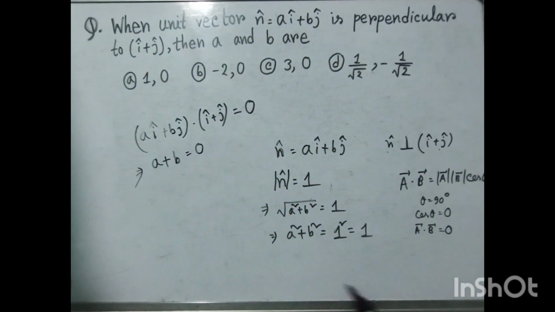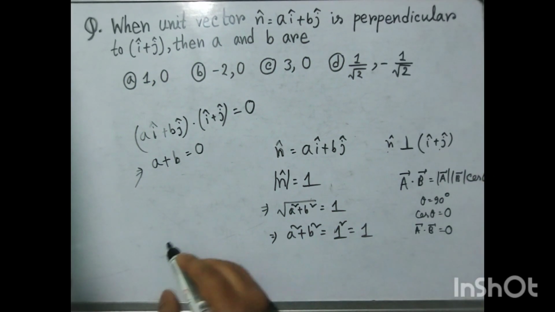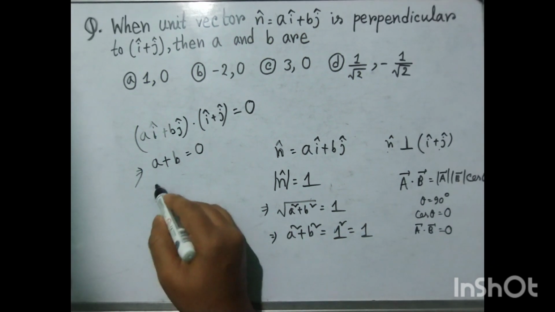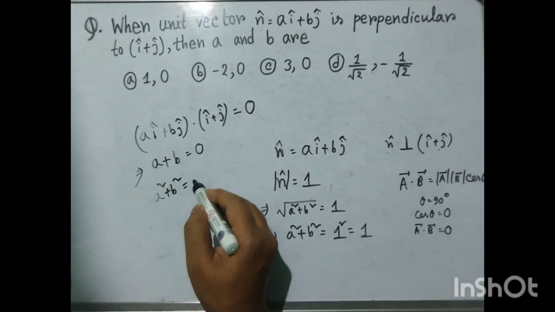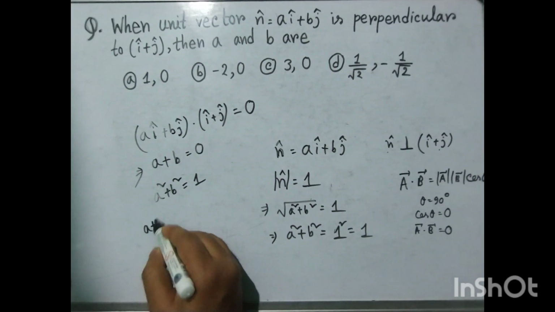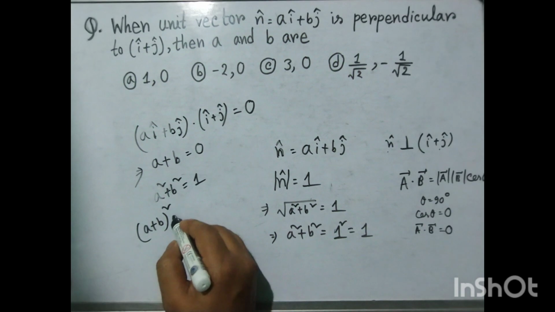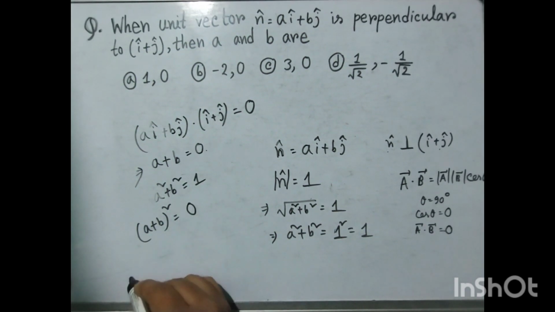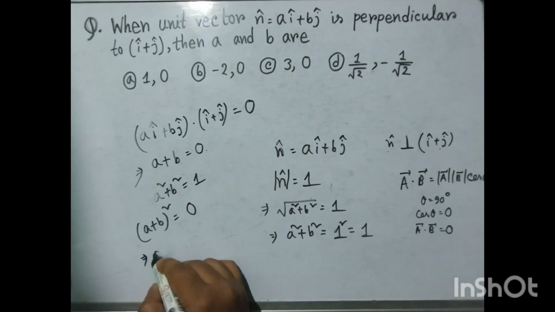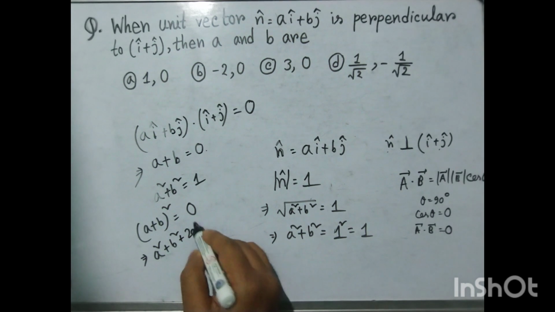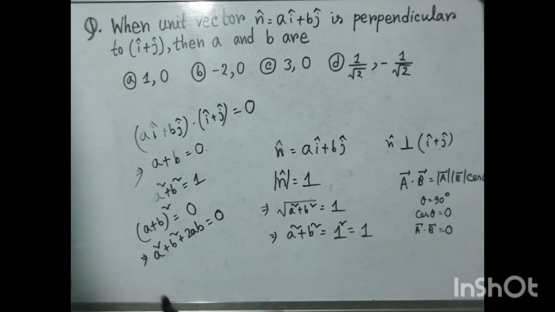And again, we got a square plus b square equal to 1, and a plus b is equal to 0. So now we will see a plus b whole square. If a plus b is equal to 0, then a plus b whole square is also equal to 0. That means a square plus b square plus 2ab equal to 0.